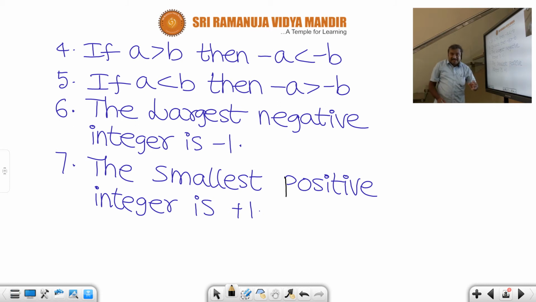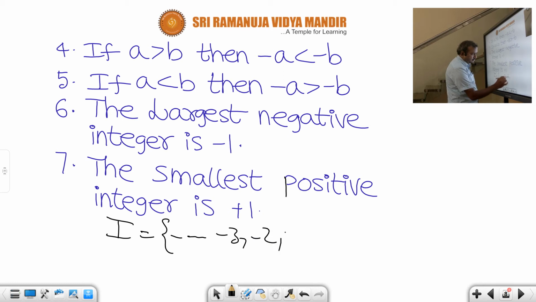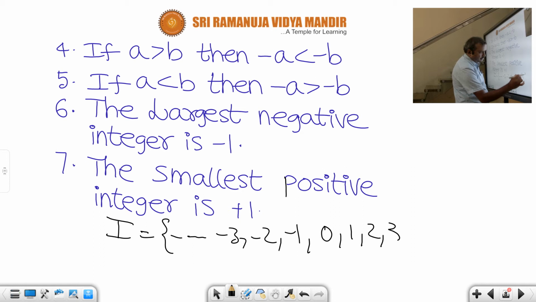Once again I am going for the set of integers I. We all know that this represents the set of integers.